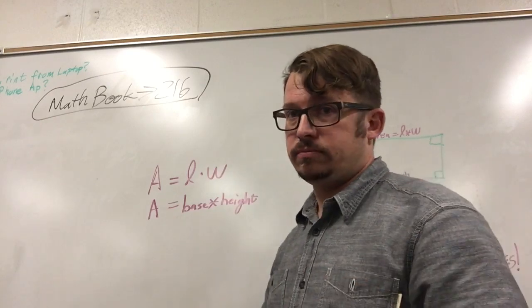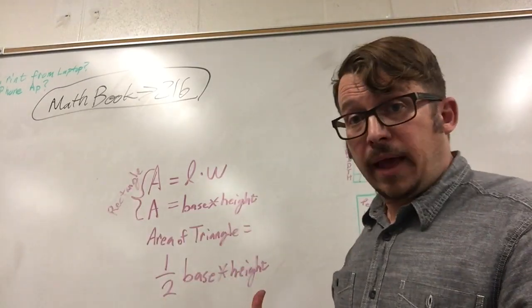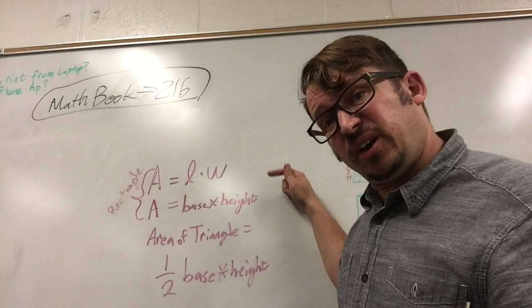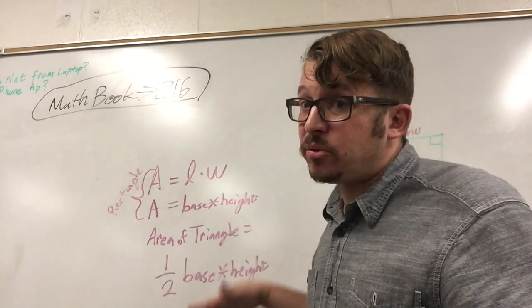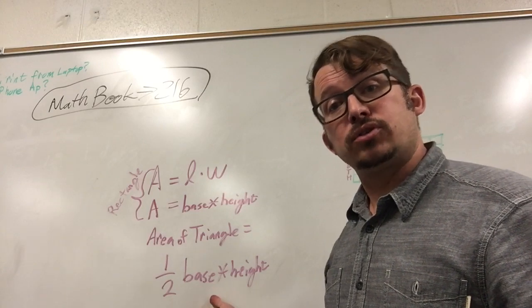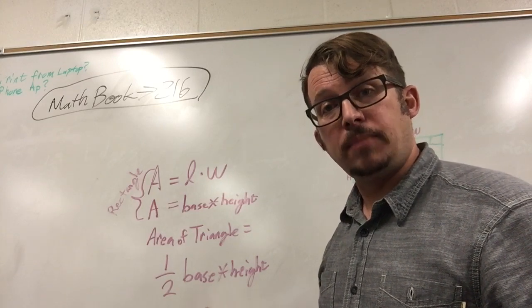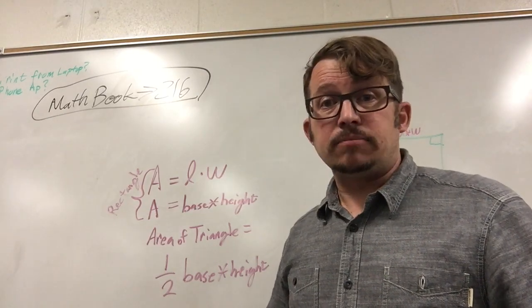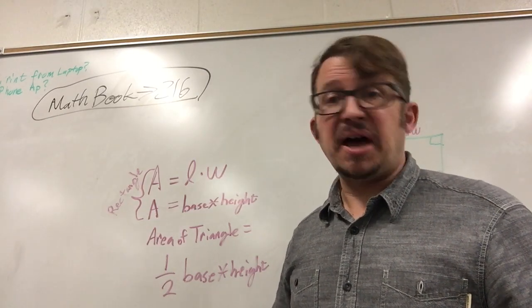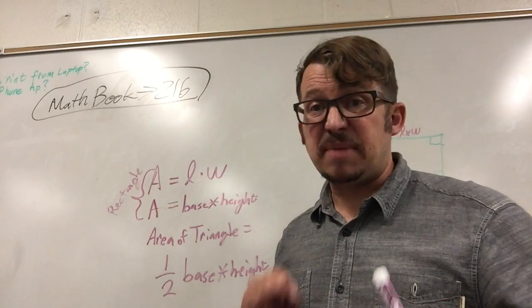Half a rectangle. Okay, so there it is. If the area of a rectangle is the base times the height, and a triangle is half a rectangle, then the area of a triangle is 1/2 the base times the height. Is it half the base, half the height? Doesn't matter. You could multiply base and height and then divide by 2. It's going to come out the same either way.